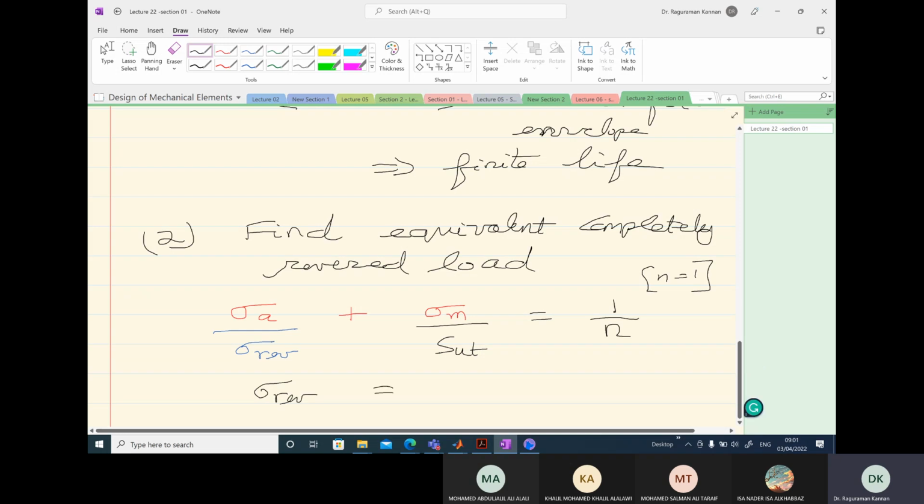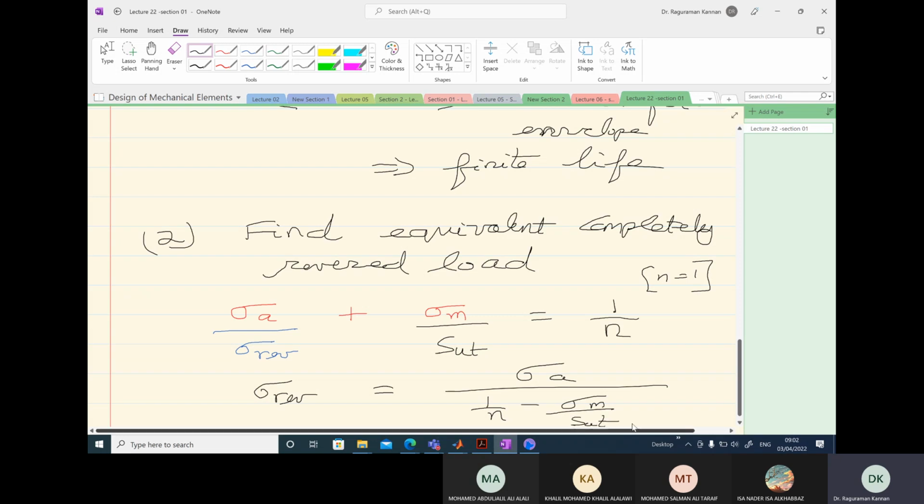Sigma reversible is nothing but, if you have 1 over n, you can write it in this way. We have to also take the inverse of that, so we need to be careful. Sigma A over (1 over n minus sigma m over SUT).